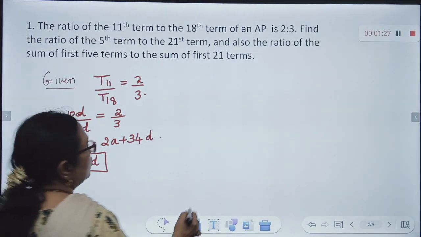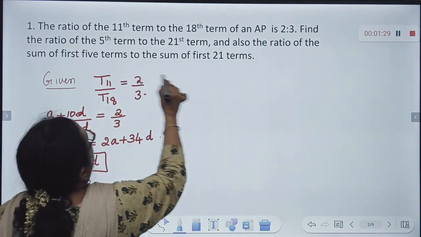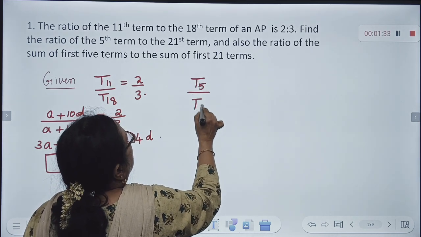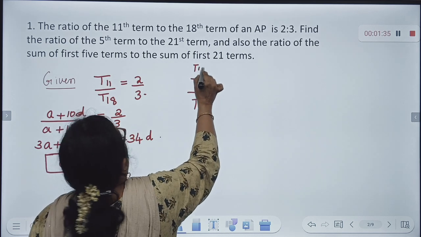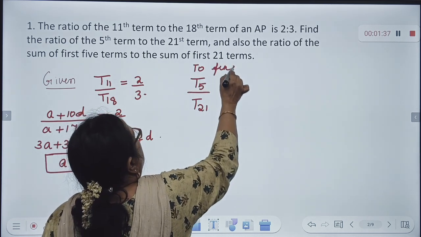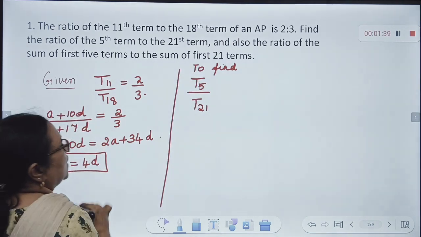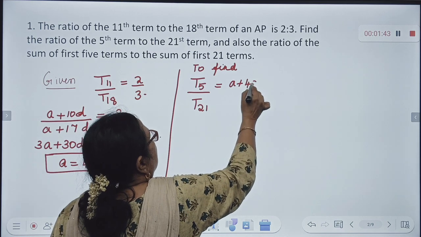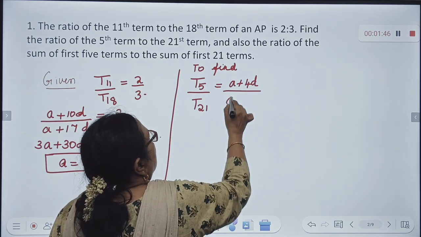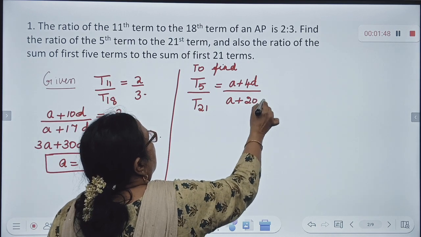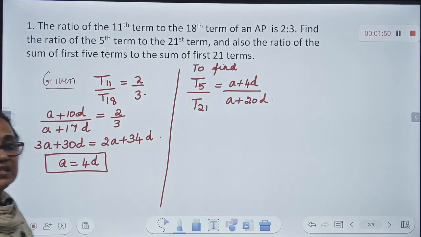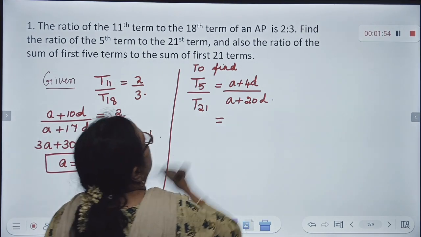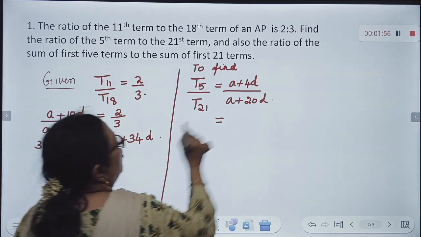Now what is it that you need to find? Find the ratio of the 5th term to the 21st term. Now T5 is A plus 4D. T21 is A plus 20D, because Tn is A plus n minus 1 into D. Now we know that A is 4D.